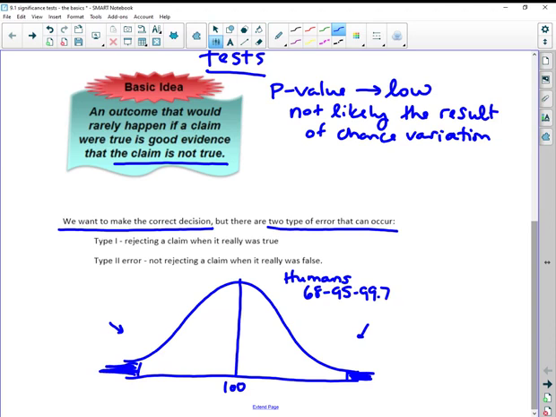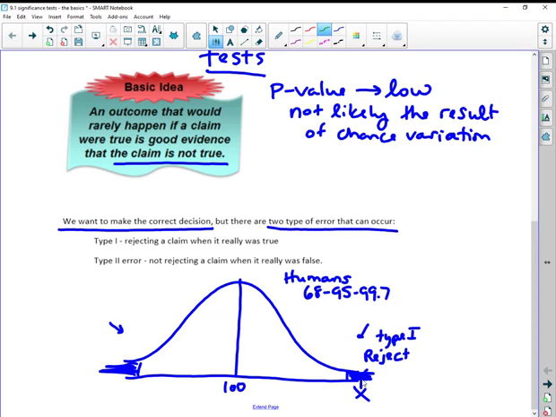Now, if somebody comes and we test their score, and here's my human right here with their very high IQ, I might reject that person's claim and think, hey, you're not a human, you're way too smart to be human. Then I would have committed what's called type 1 error, because I said you're too smart to be a human, but really they are a human, so I just made a mistake.